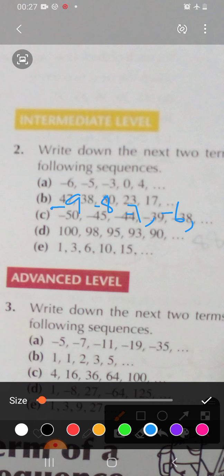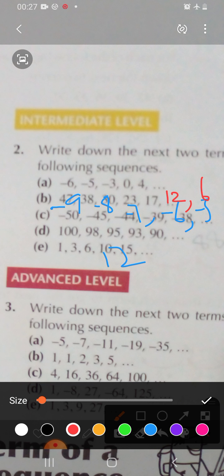To get the next number after 17, we have to subtract 5. 17 minus 5 is 12. So 12 will be the number. Then to get the next number we subtract 4, and 8 will come.